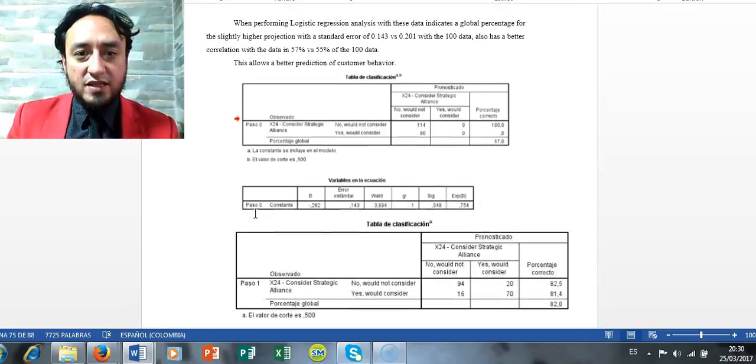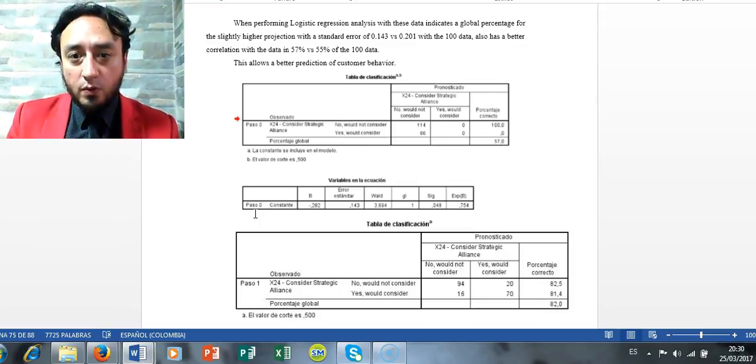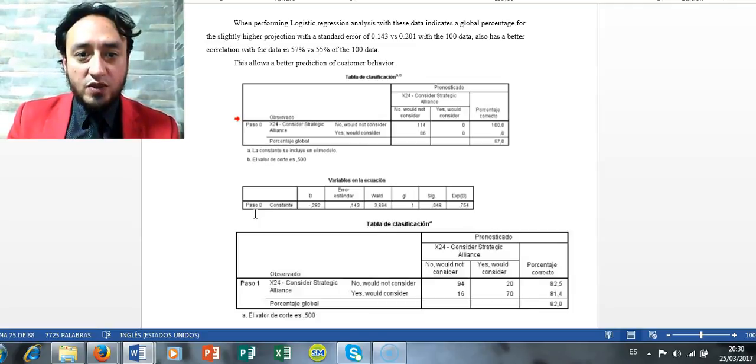When performing logistic regression analysis, this data indicates a lower percentage for the slightly higher projection with a standard error of 0.143 versus 0.201 with the 100 data. It also has a better correlation with the data, 57% versus 55% on the 100 data. This allows a better prediction of customer behavior.